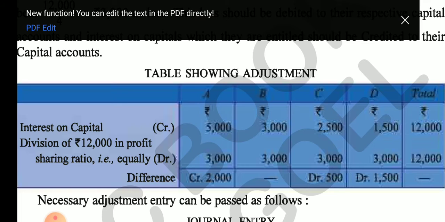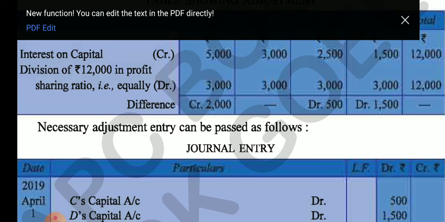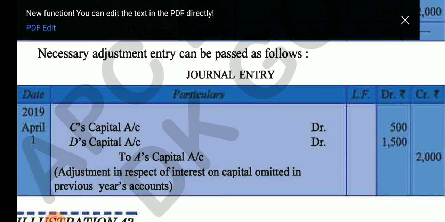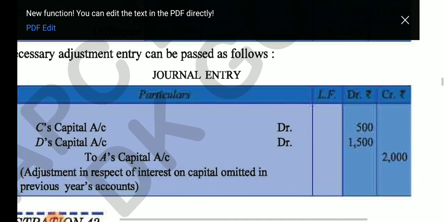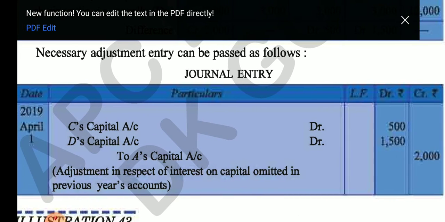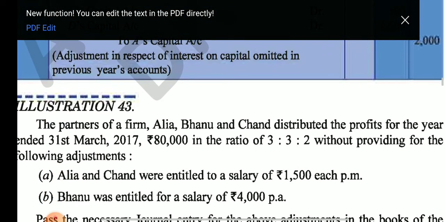If minus, it is debit; if plus, credit. So the entry is: B capital, C capital, D capital, to A capital.